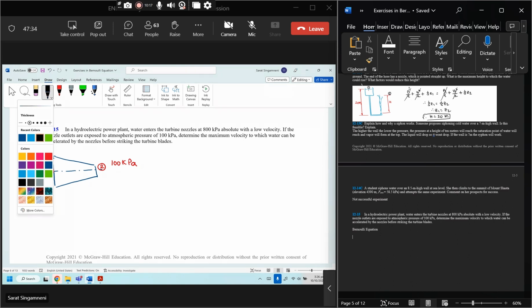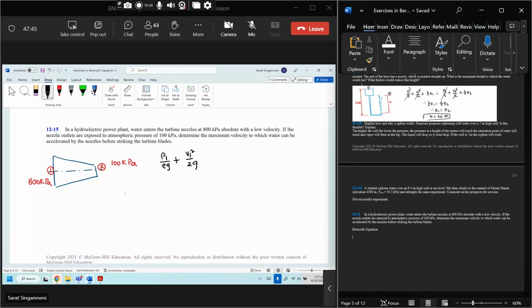So if you do that, it is P1 over rho g plus V1 squared over 2g plus Z1. So we are using the elevation head model, equal to P2 over rho g plus V2 squared over 2g plus Z2.